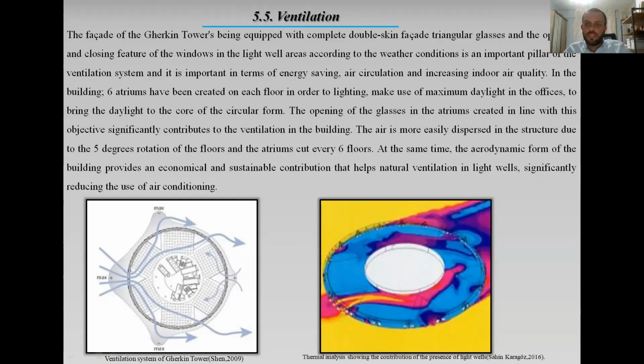Conditions is an important pillar of the ventilation system, important in terms of energy saving, air circulation, and increasing indoor air quality. In the building, 6 atriums have been created on each floor in order to make use of maximum daylight in the offices and bring the daylight to the core of the circular form.